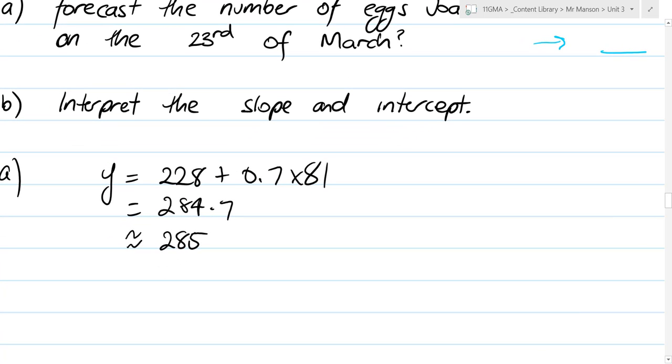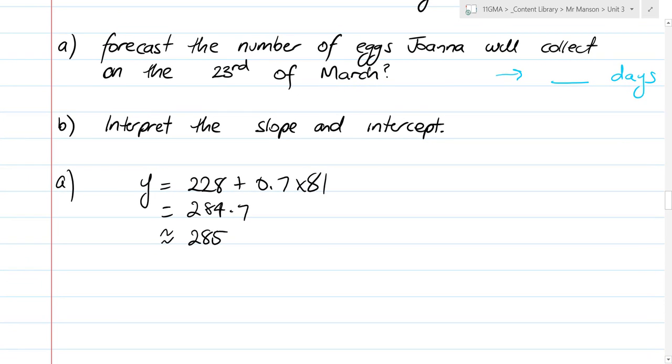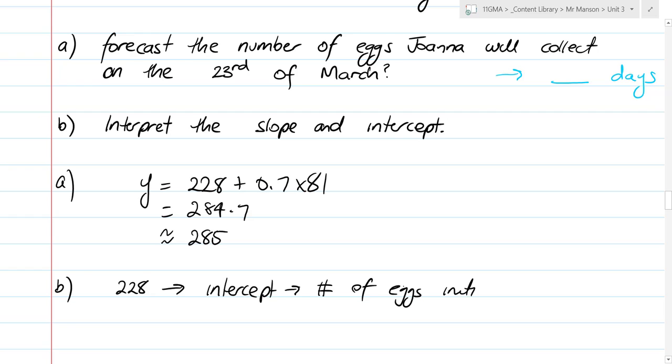Interpret the slope and intercept. We've kind of done this already. 228 is the intercept, and it's the number of eggs initially, and 0.7 is the slope, and it's the growth rate, which I'll shorten to GR, of eggs per day. 0.7 eggs per day.